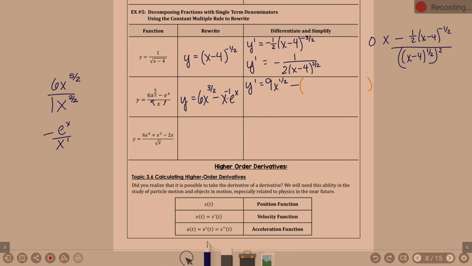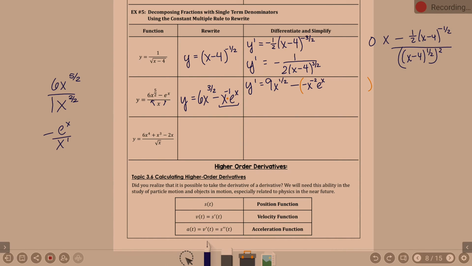Now, derivative of x to the negative first times e to the x. Product rule. Derivative of the first, keep the second, plus derivative of the second, keep the first. So derivative of x to the negative first is negative x to the negative second times e to the x.